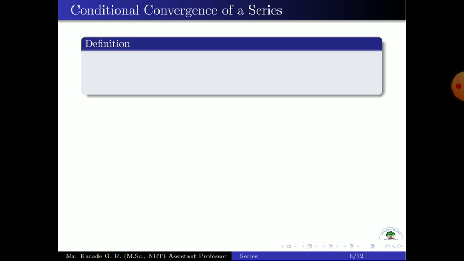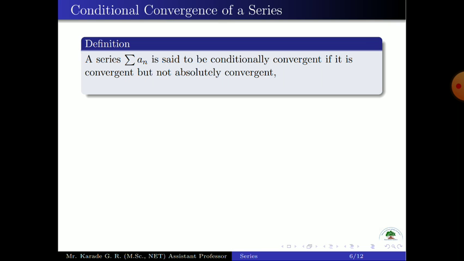So first of all, we write the definition of conditional convergence. A series summation an is said to be conditionally convergent if it is convergent but not absolutely convergent.